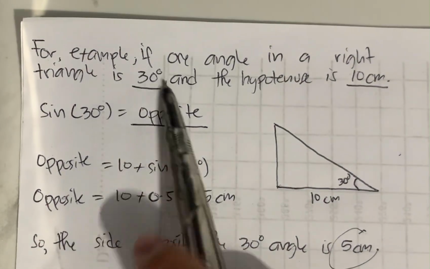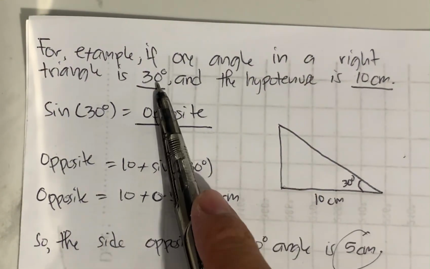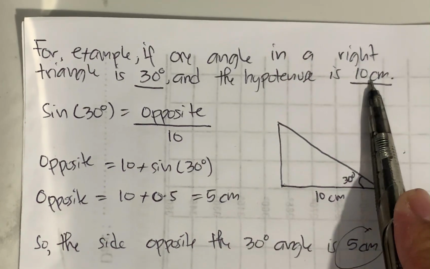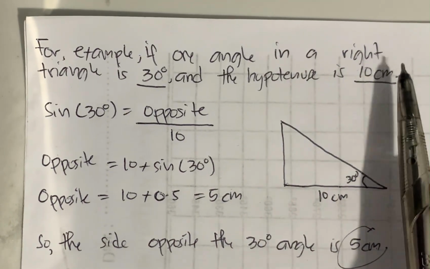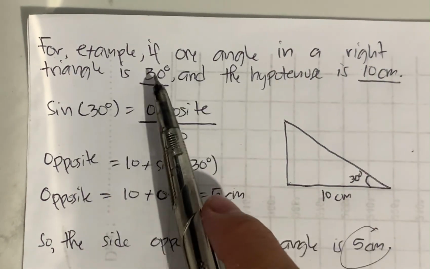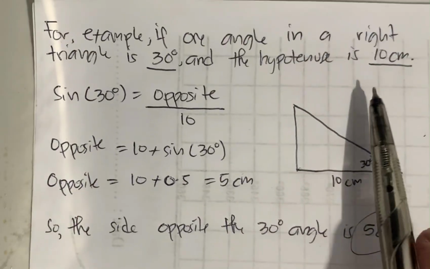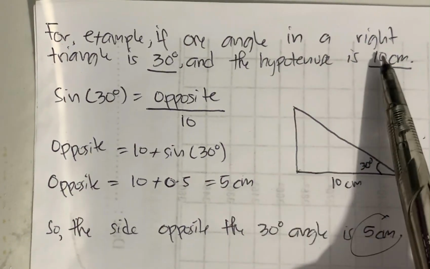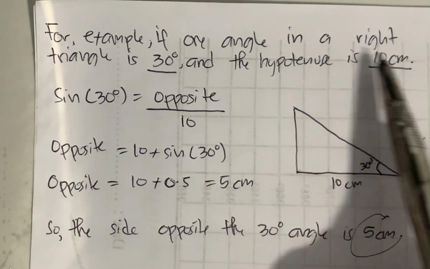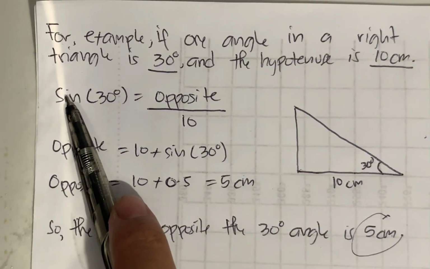For this example, one angle in a right triangle is 30 degrees and the hypotenuse is 10 cm. So we can relate this given to the trigonometric ratios, which is the sine, to find the opposite.